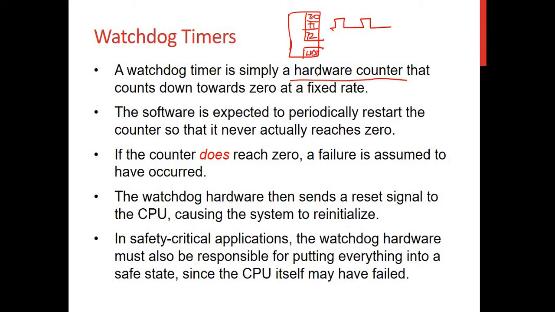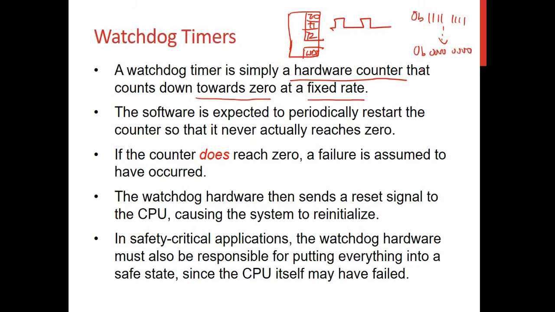Okay, and it's basically a counter, and the objective of this counter is to count down to 0 at a fixed rate. So assuming it is an 8-bit timer, I will start at maybe 1 and then I count down all the way until I hit 0.